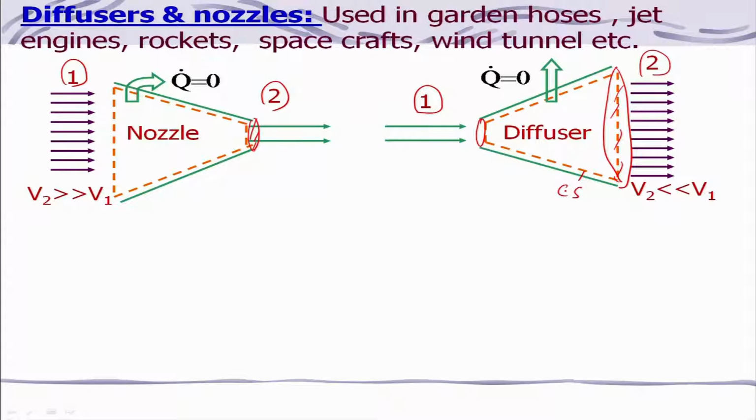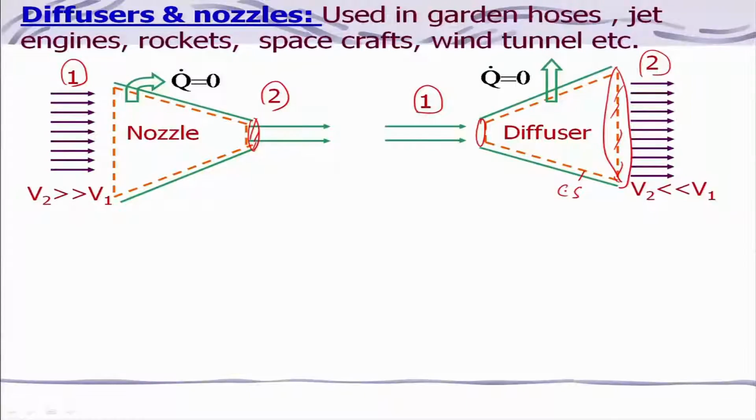Now, we want to analyze what is happening. Let us say we take a nozzle: what will be the exit velocity if I know the inlet velocity? Similarly, in the diffuser. For that we will have to apply the mass conservation equation and then the energy equation. But what assumption can we make?